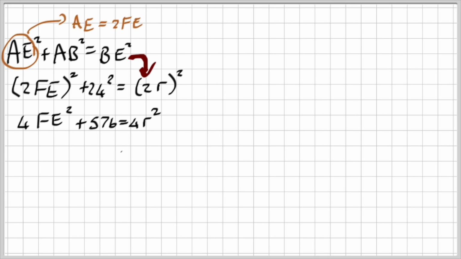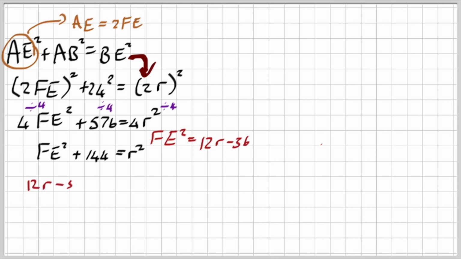Now, don't I have an expression for FE squared from the previous slide? Well, yes, and I am going to divide by 4. But remember that FE squared is 12R minus 36. Remember that from the previous slide. So that means I'm going to substitute that in.